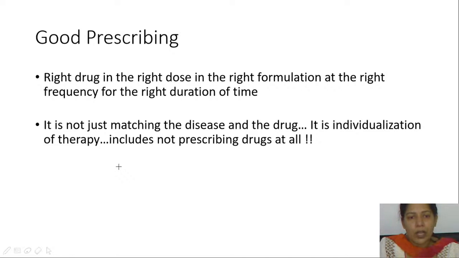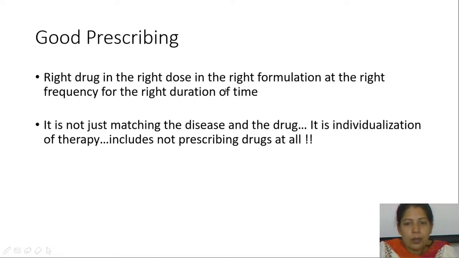Another important part of rational prescribing is good prescribing practices, which is the right drug in the right dose, in the right formulation, at the right frequency, for the right duration of time. In pharmacology practicals, you would be asked to write prescriptions. So these are the components that should be there in a good prescription: the drug, the dose, the formulation, frequency, and duration.